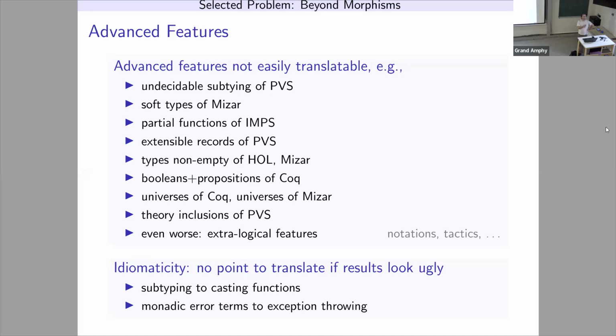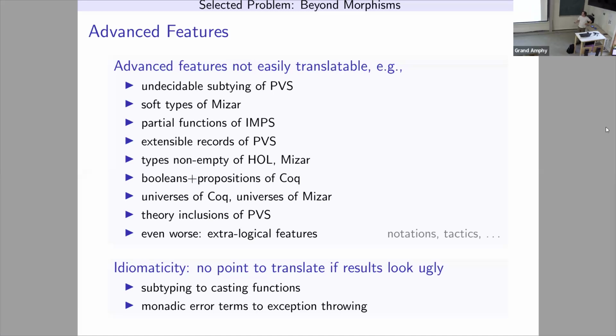So you can take the PVS library, translate it to, say, Coq, but the resulting library you're going to get is probably one that no Coq user wants to use, because if you had to do it in Coq, you would do it differently. You wouldn't have all these casting functions. You would maybe choose an entirely different way to formalize in the first place. So you cannot, in practice, use the translation, even if someone provides them.